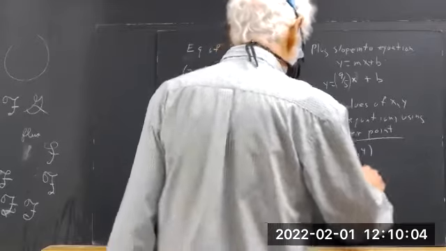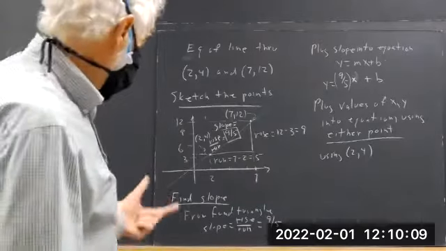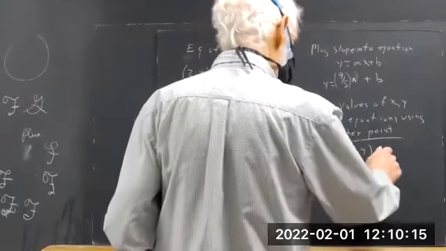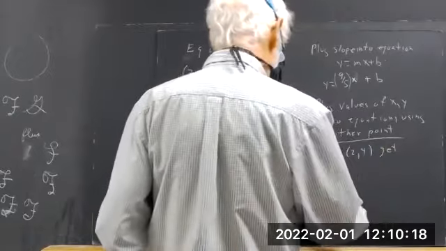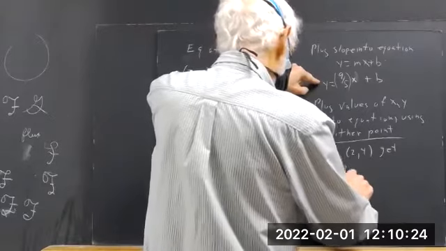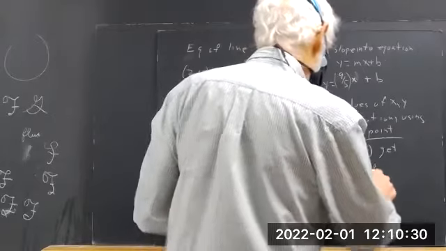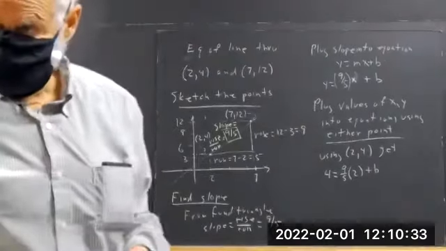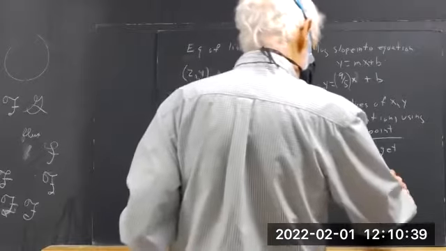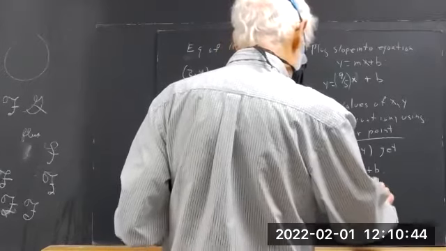Using a point with the smaller numbers, because often it's easier to work with smaller numbers, although it doesn't make a big difference. Using the point 2, 4, we see that x is 2, y is 4. So 4 is going to be y. X is going to be 2. Okay. Solve for b.